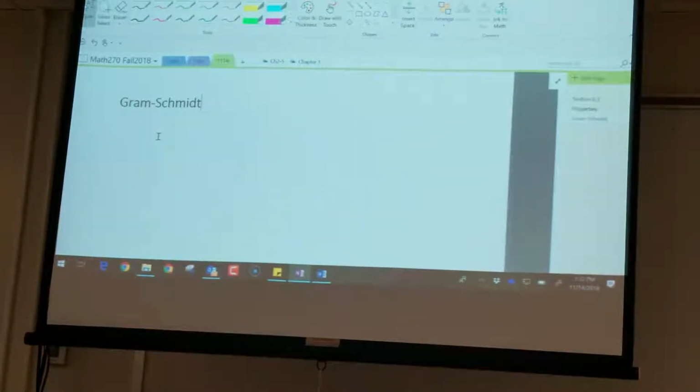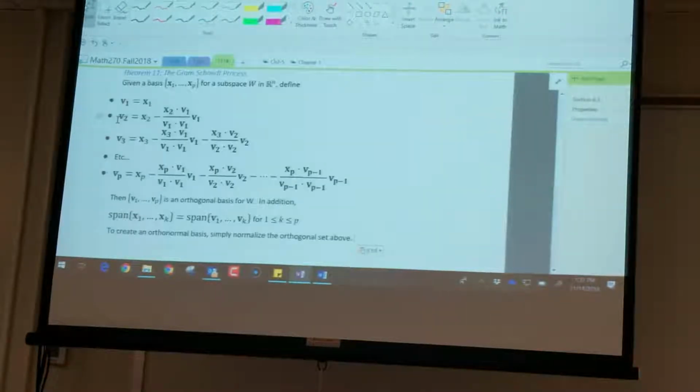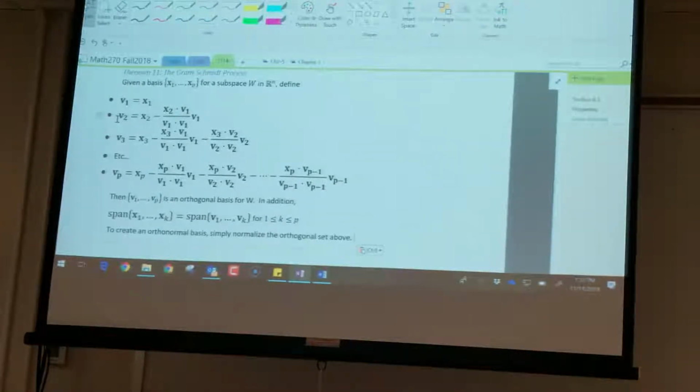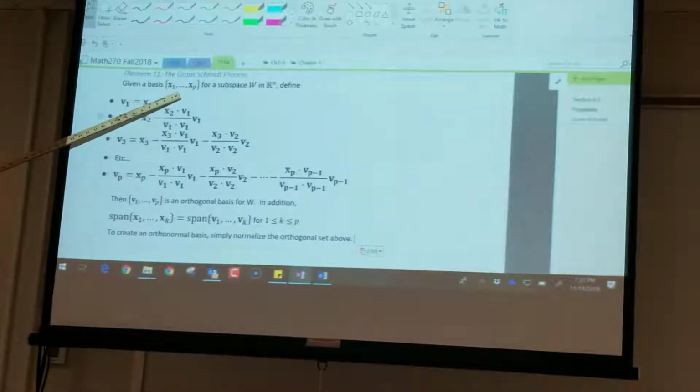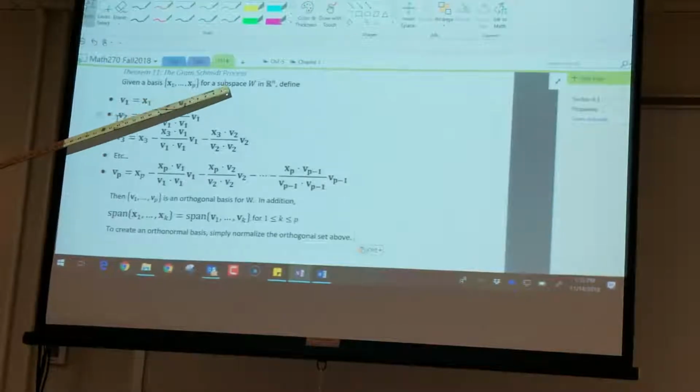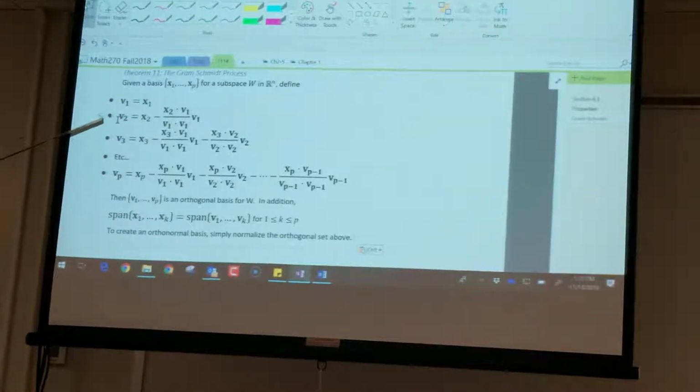So what is the algorithm? The theorem says that if you have a basis for a subspace, it could be the whole space or just a smaller subspace. We're talking about R7 or something like that, with a 4-dimensional subspace in R7.